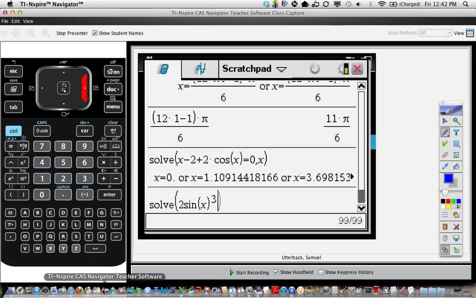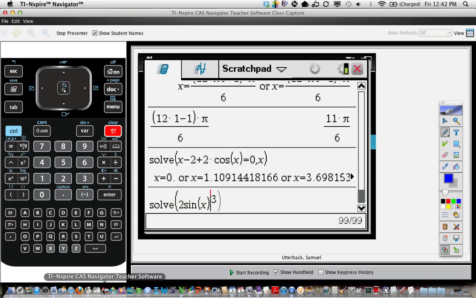It means that. Now, I think that'll work, but that always makes me nervous that it's just going to cube the x and not the sine. So if I was doing it, I would probably move the cursor inside of that and hit a right parenthesis. Just hit the right, and that would be bad. Why would that be bad?